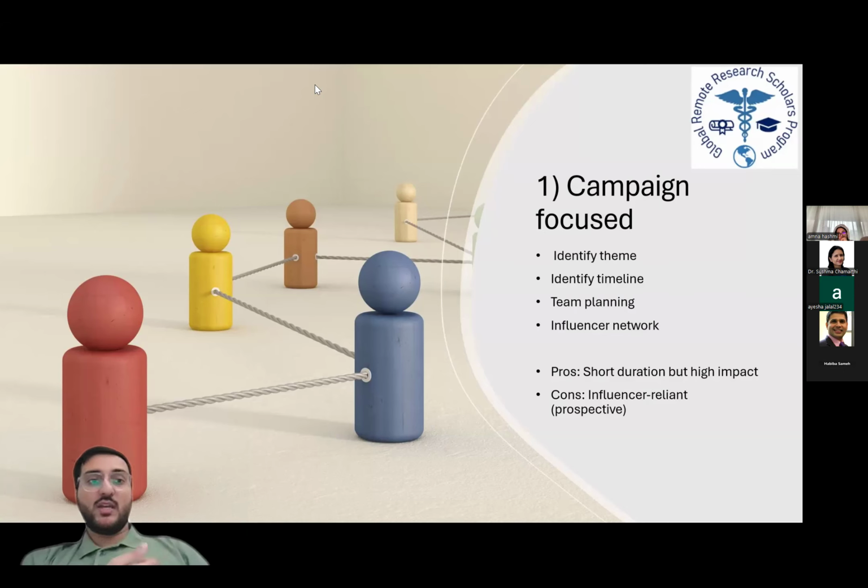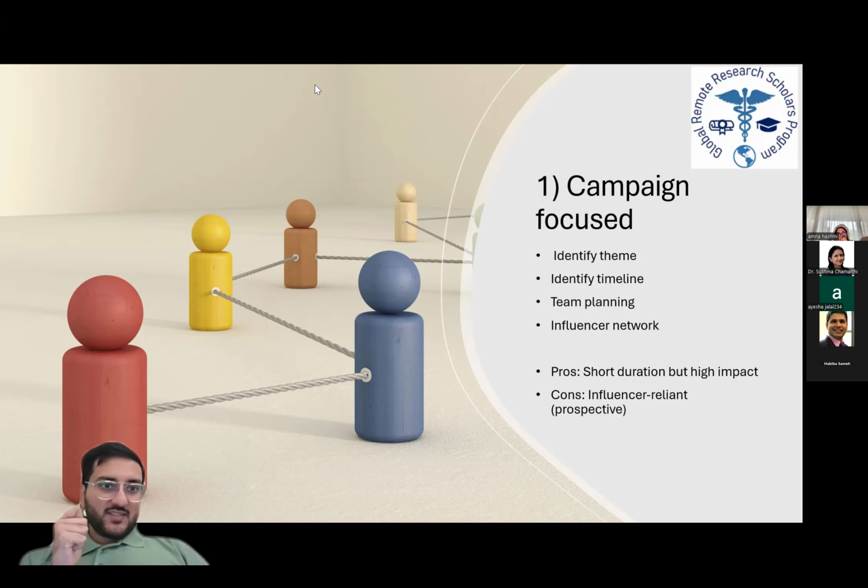Maybe it's about mental health awareness or women's health awareness. And we could go back and look at that campaign's impact on social media users. Or it could be a campaign you design and prospectively create its impact and then study that impact. So it could be done both ways. And that's one way to look at it.